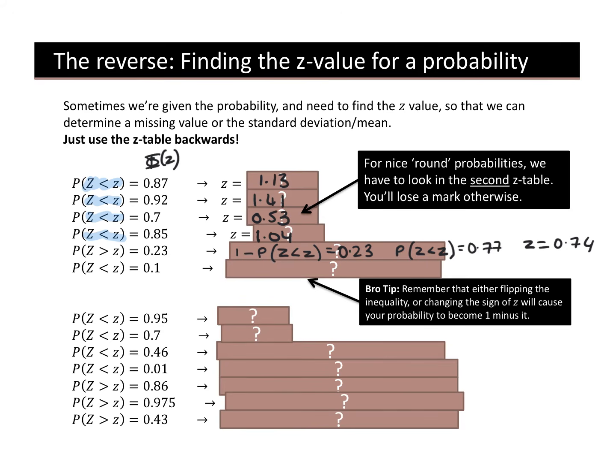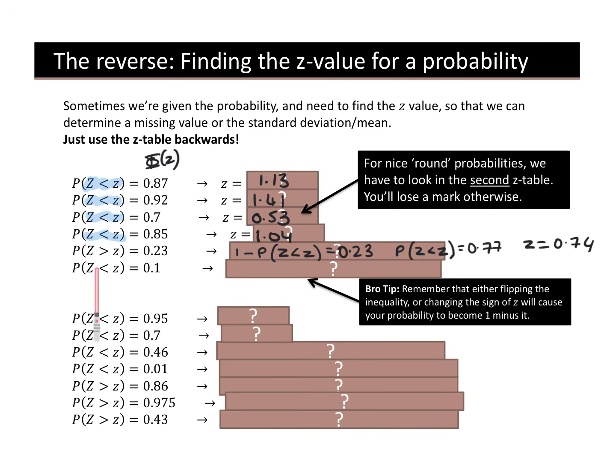And then for this one, we want the probability of our z value being less than z is 0.1. Try and find that for me. Okay, so by now you should be looking at the table and thinking, hold on a minute, it's not there. And that's because our smallest value is 0.5 and our largest is 1, okay? So when we have a probability of z being less than 0.5, remember it's completely symmetrical.